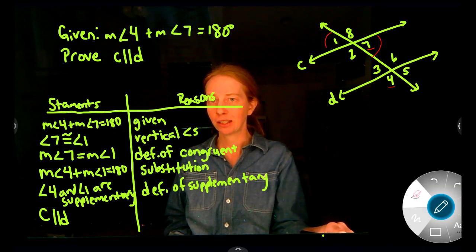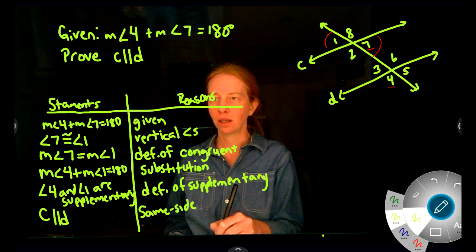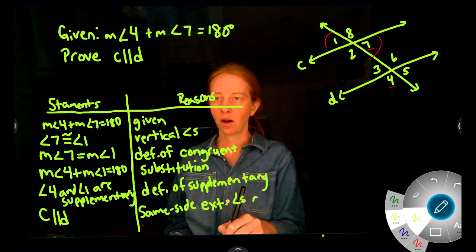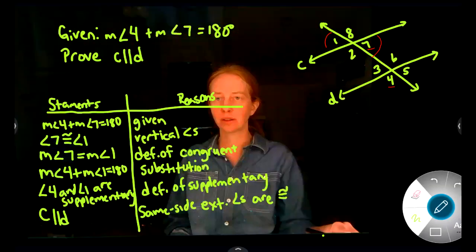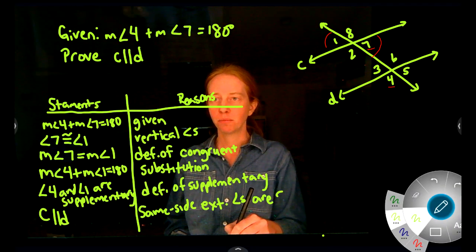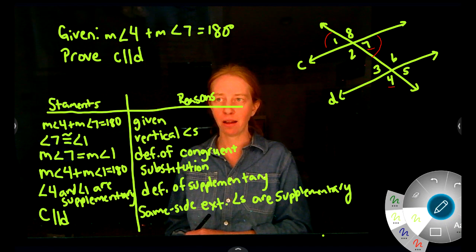Some people say consecutive instead of same side, but we're using the term same side exterior angles. Because those are supplementary, then that means that the lines are indeed parallel.